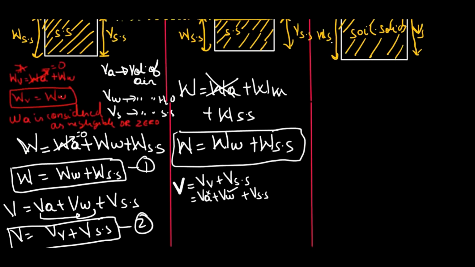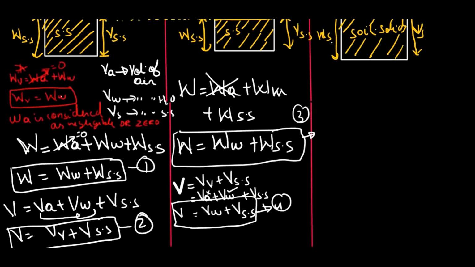Air will be absent, so our equation will reduce to total volume is equal to volume of water plus volume of soil solids. So this is the final equation. Let's number this one as 3 and this one as 4.